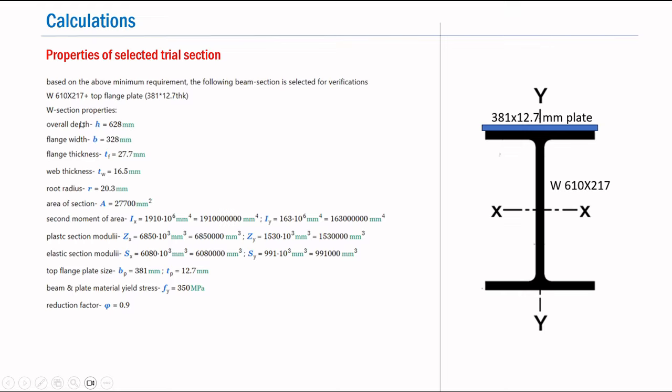So the various section properties for the W section are provided over here. I'm not going to read each and everything. What is more important is that here the beam and the plate material yield stress Fy is 350 MPa, and we have a reduction factor that is as per the AISC taken as 0.9. And here you can see the trial section that we have chosen. We have a W shape, which is provided with a top flange cover plate of 381 by 12.7 mm thick.